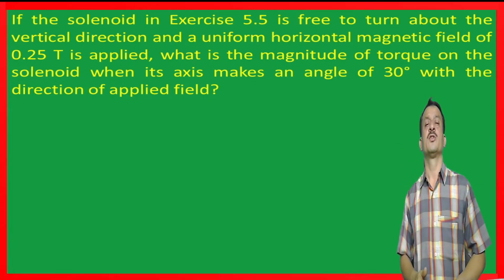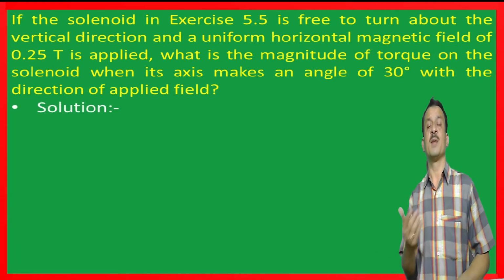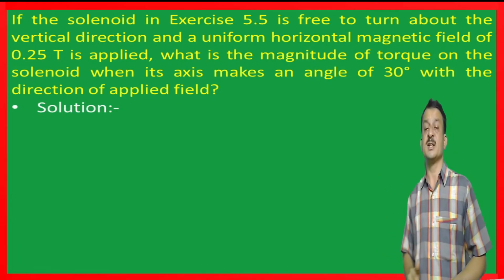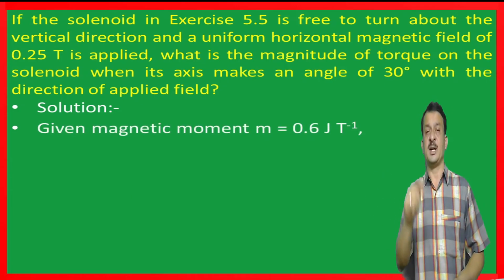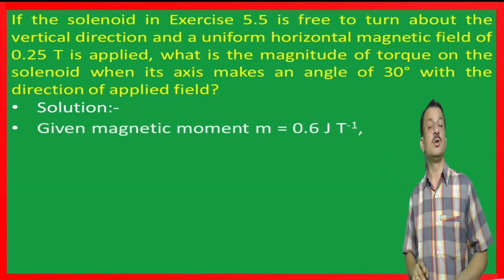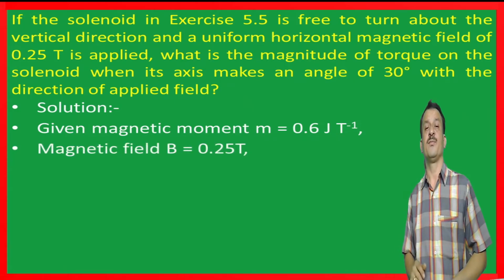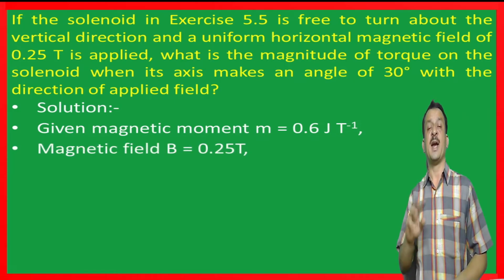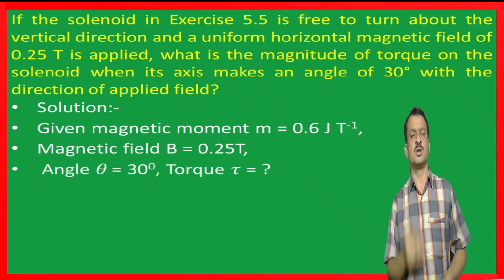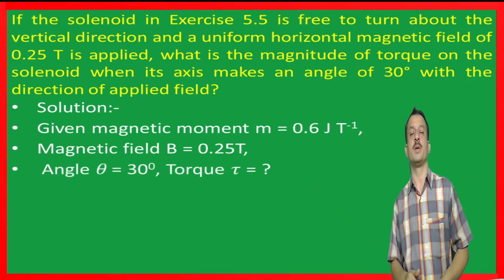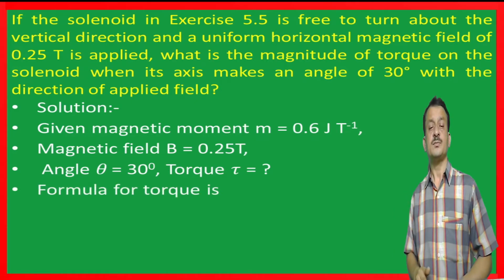So given things here: the magnetic moment that we have calculated in the previous problem, 0.6 joules per Tesla, and the magnetic field B is equal to 0.25 Tesla, that is given, and the angle is 30 degree. Now we have to simply work out the torque. We know the formula for torque, tau is equal to mB sin theta.